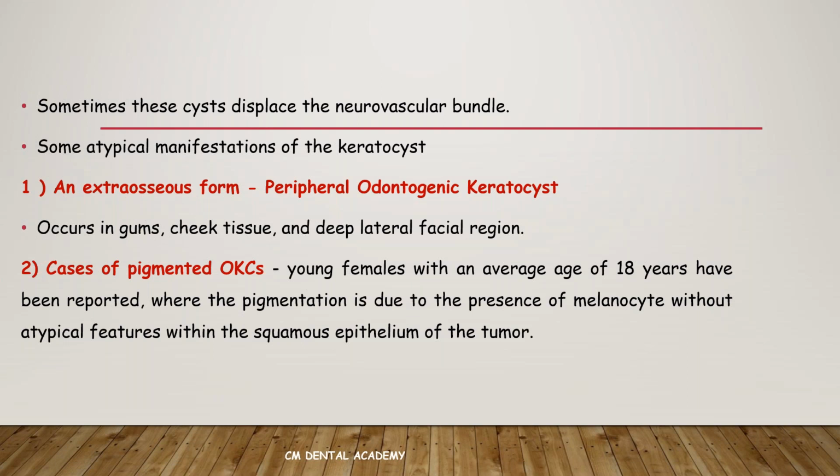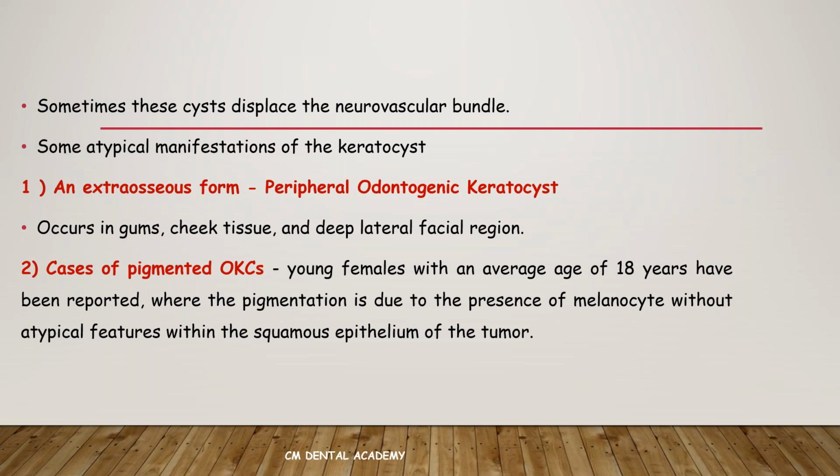One more variant which presents with pigmentation in young females with an average age of 18 years has been reported, where the pigmentation is due to the presence of melanocytes without atypical features within the squamous epithelium of the tumor.